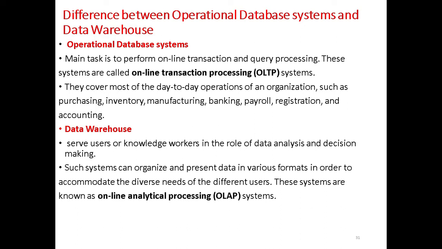So it is used for storing their day-to-day operations. Next is the data warehouse. A data warehouse serves the user or knowledge worker in the role of data analysis and decision making. Such a system can organize and present the data in various formats in order to accommodate the needs of different users. And these systems are known as online analytical processing, that is OLAP systems.